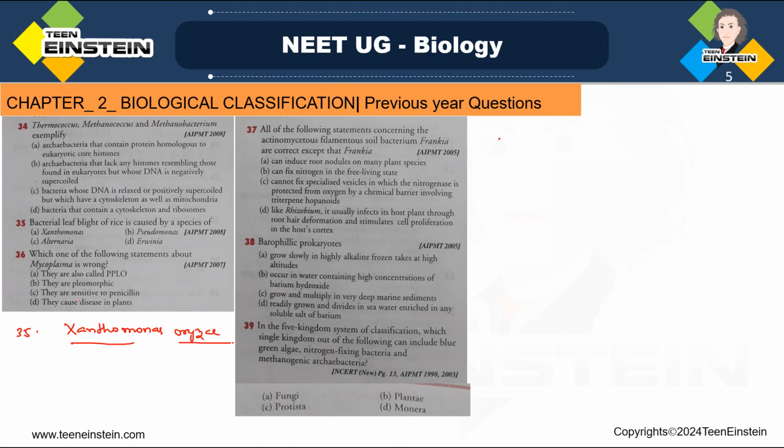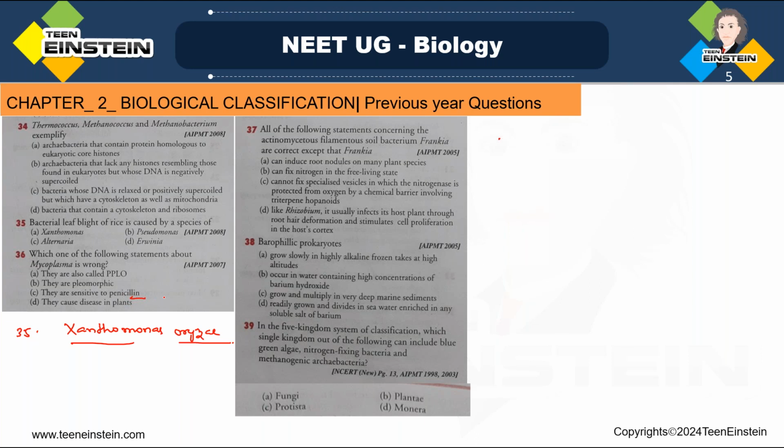Here option C, they are sensitive to penicillin. Option C is wrong about mycoplasma. That is a wrong statement about mycoplasma.